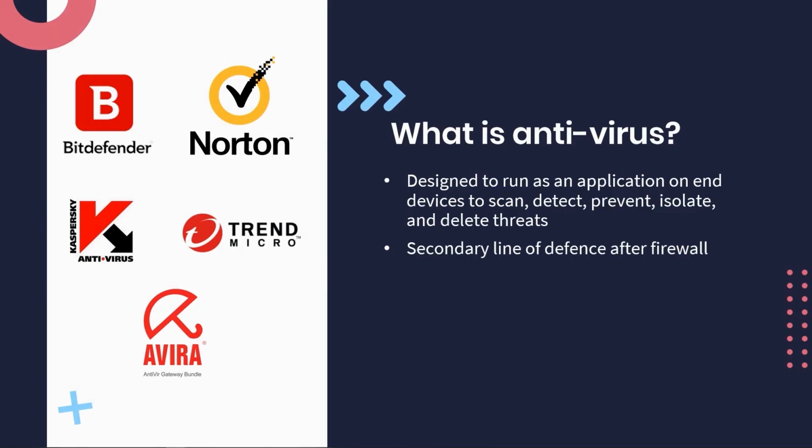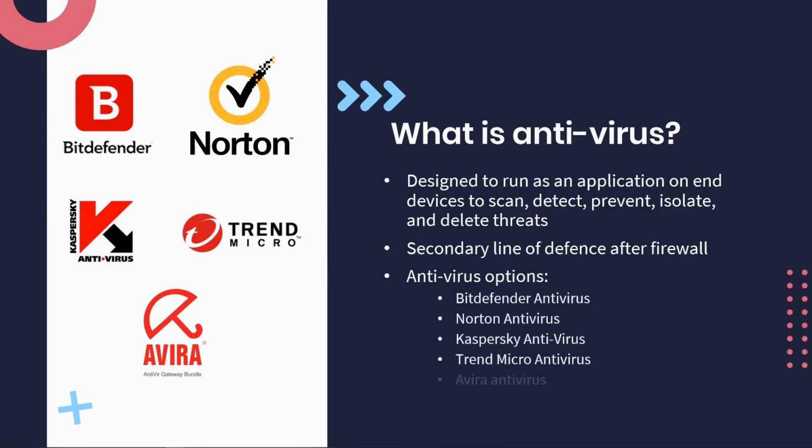There are quite a few highly recommended antivirus options, such as Bitdefender Antivirus, Norton Antivirus, Kaspersky Antivirus, Trend Micro Antivirus, and Avira Antivirus. Note that these software offerings do offer discounts for trial periods, but often require an extended monthly plan to fully utilize all the additional benefits available.